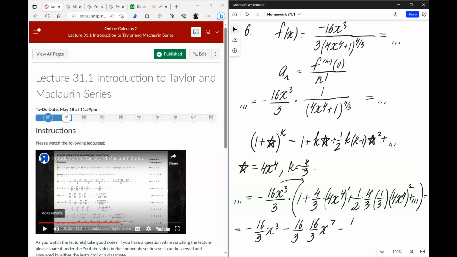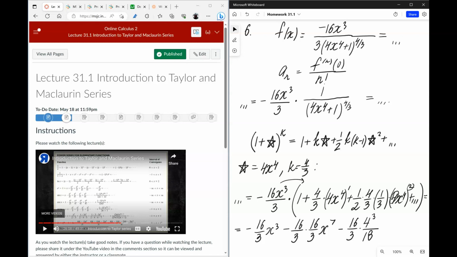We're going to have another negative 16/3 times 4 cubed divided by 18, so I just collected all these terms.